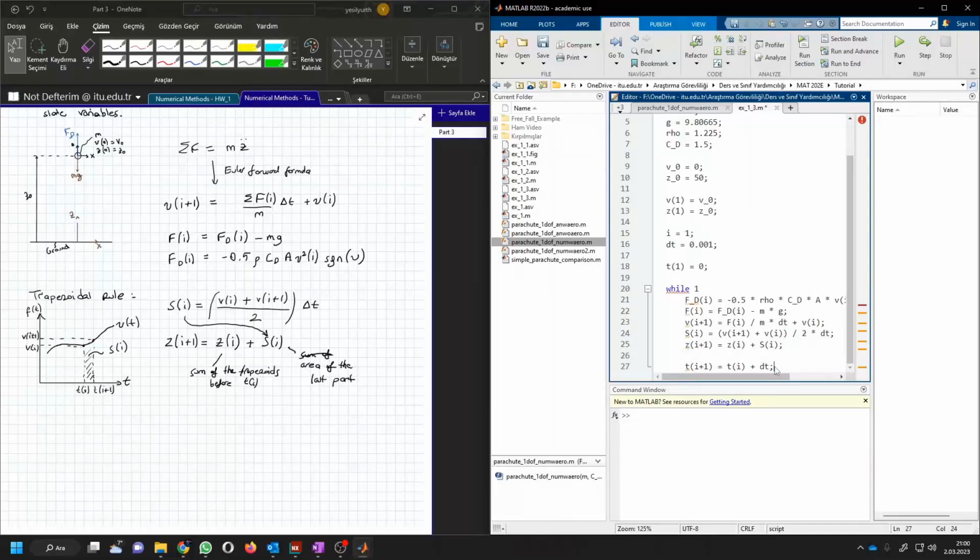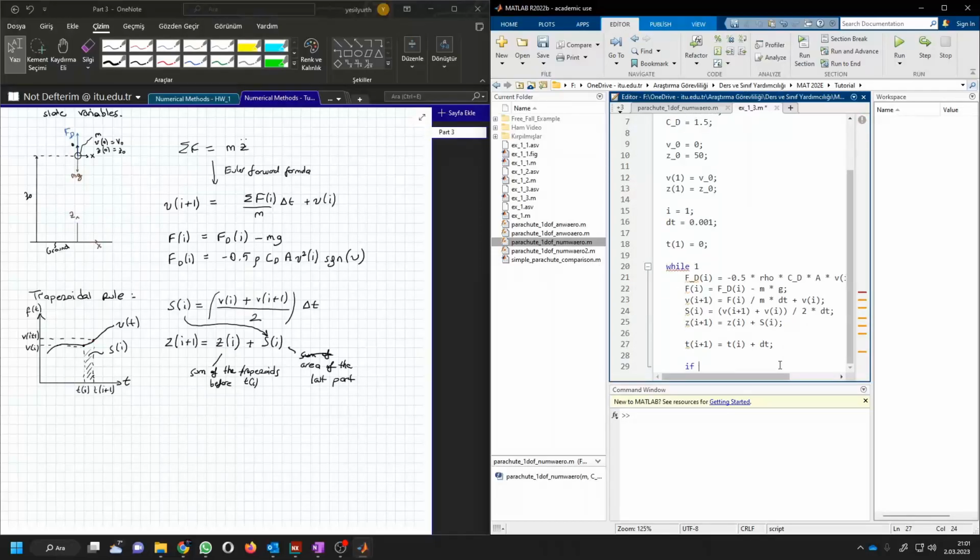So please note that this calculation is not being used in my equations or in my solution. I just need a time array to plot my state variables, velocity and position, with respect to something, and this is that something. Then I have to have an if break, as I said earlier.